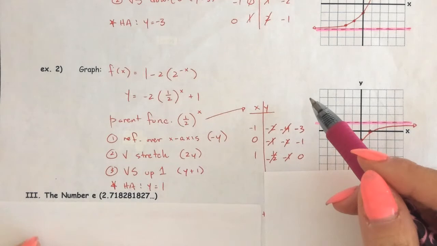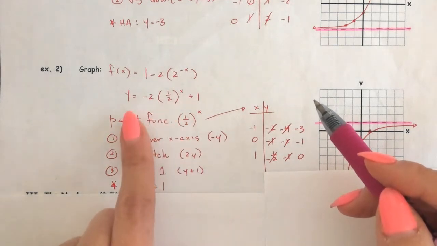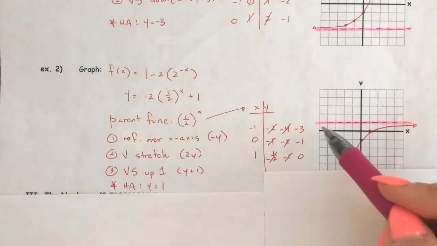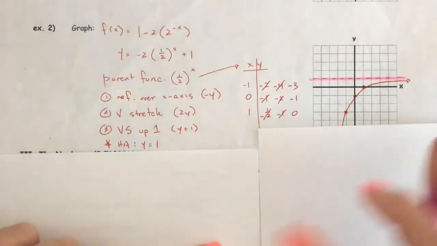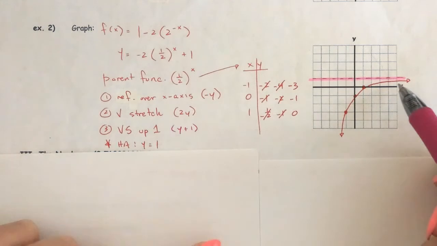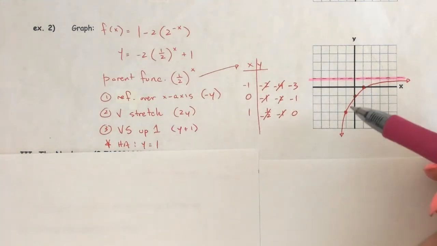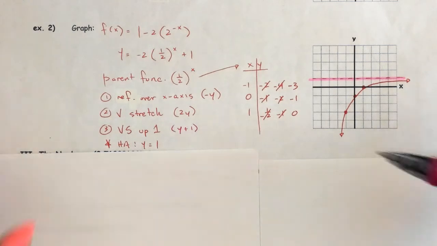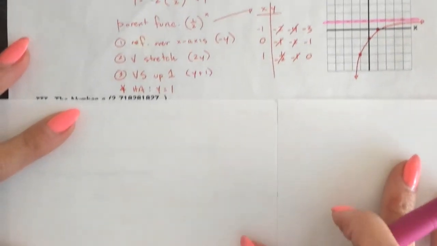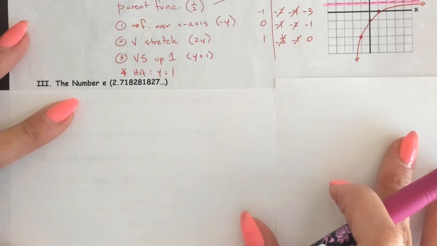And then the horizontal asymptote is y equals 1. I draw my 3 points, and then I have my nice looking curve. If you don't draw the asymptote, what will probably happen is you'll extend this past the asymptote, which would be incorrect.